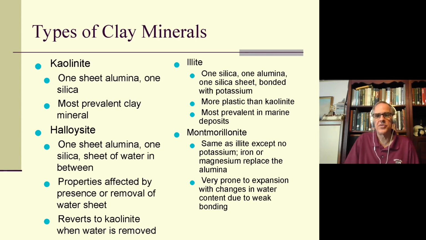The real stinker is montmorillonite, named after Montmorillon in France, where this soil was first identified. It has the same structure as illite: one silica, one aluminum, one silica sheet, bonded with potassium, except there's no potassium in montmorillonite, and there's iron and magnesium in place of the aluminum.